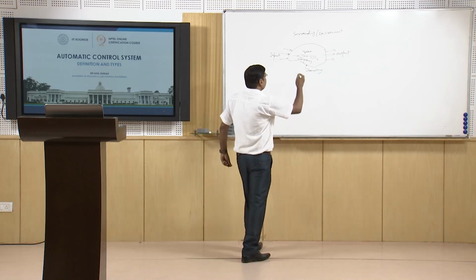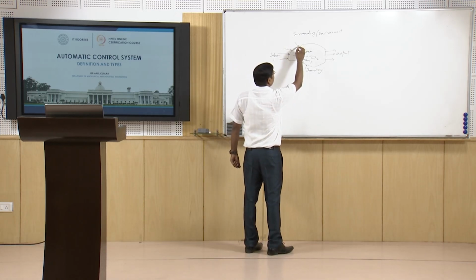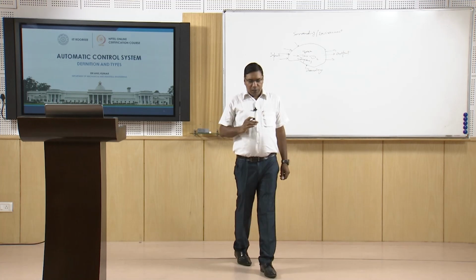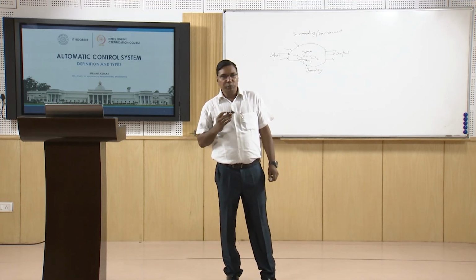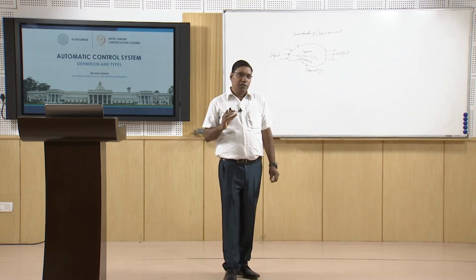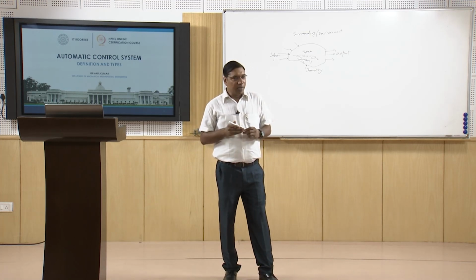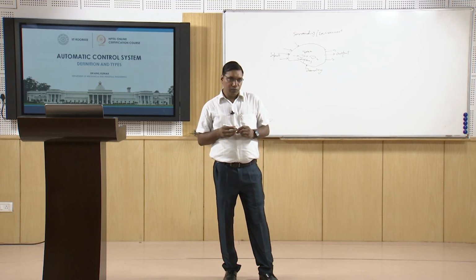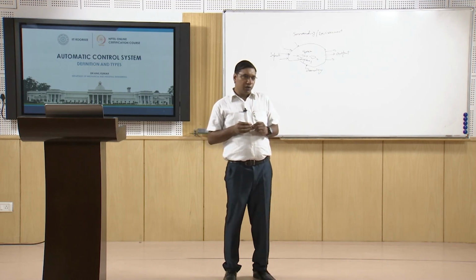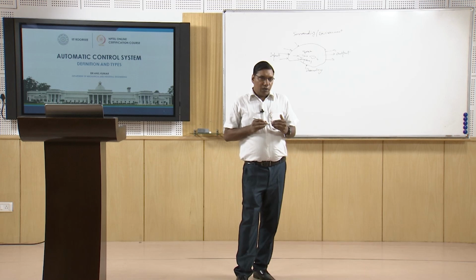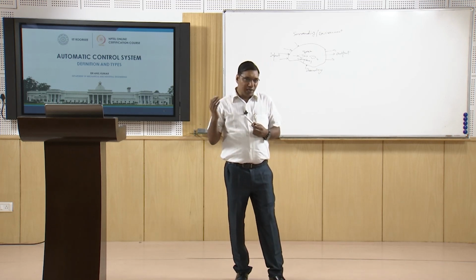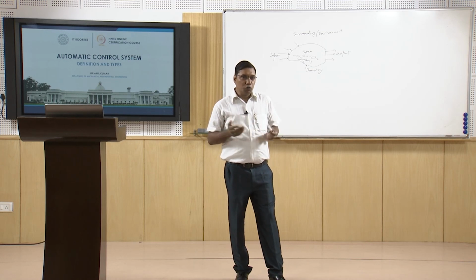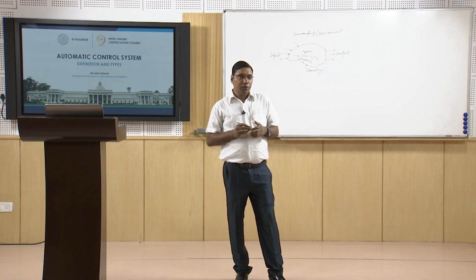Now from this environment there could be certain disturbance input entering, meaning the input that we don't want, and that may enter into the system. For example, if we want to listen to some music, there could be some outside noise entering the room and we can't listen to the music properly.